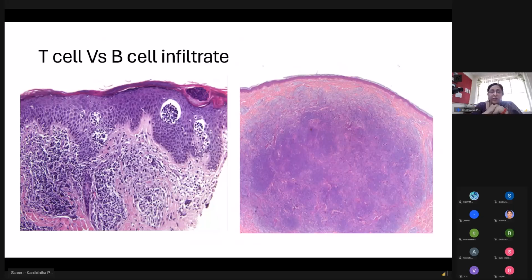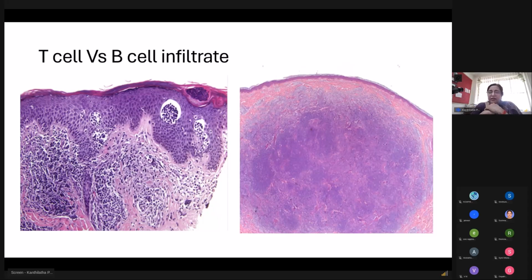On the left side is a T cell lymphoproliferative disorder, where you see an infiltrate in the upper dermis, almost hugging the epidermis, with epidermotropism. You see lymphocytes in the epidermis, also forming microabscesses. You don't see a Grenz zone in the T cell type because the lymphocytes infiltrate the epidermis.